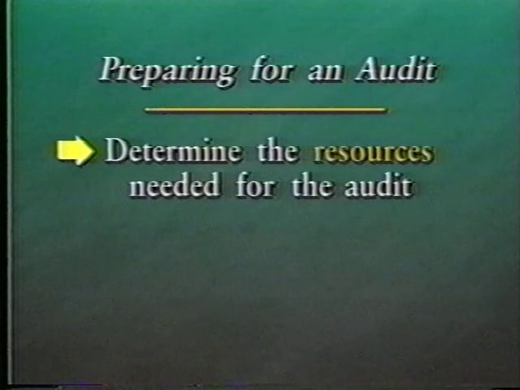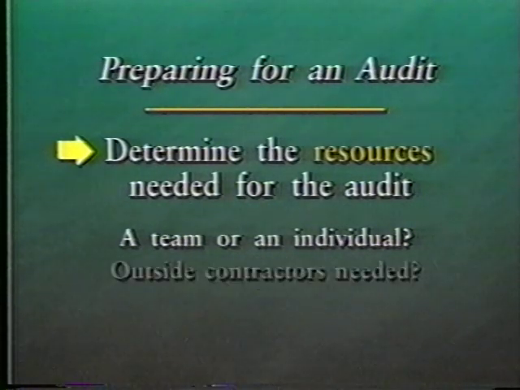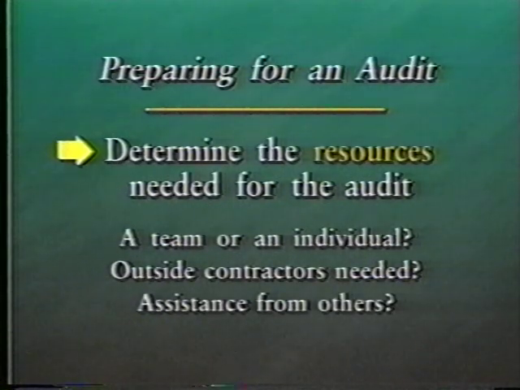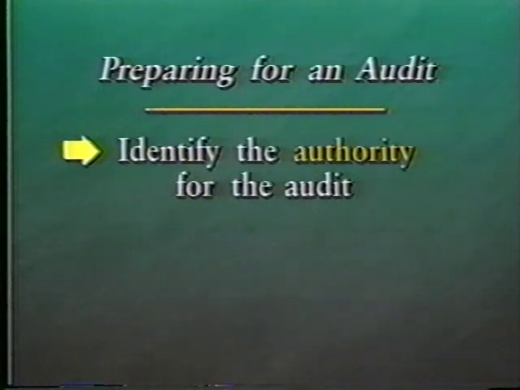Determine the resources needed to complete the audit. Should there be an audit team, or can one person complete the audit? Will outside contractors be needed? Will you require the assistance of people outside the audit team? Identify the people you will need available from within the audited department to participate in the audit process. Identify the authority for the audit.